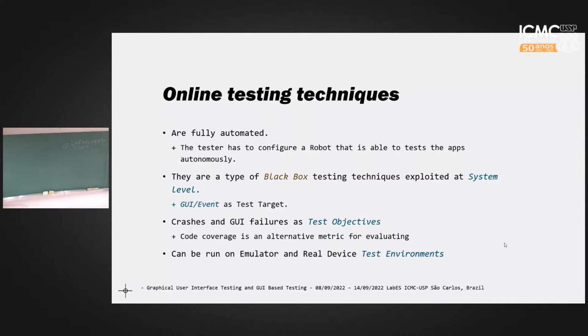The main goal of online testing techniques, not for me, but usually in the publications that you find on Scopus, the main goal is to find crashes. Alternatively, code coverage is another metric for evaluating the effectiveness of online testing techniques.